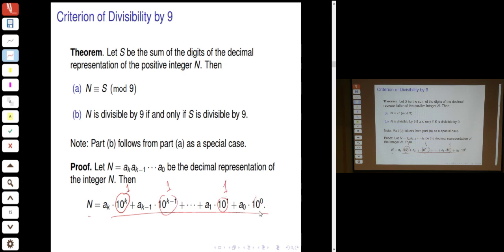So, modulo 9 you can replace each of them by 1, and this is congruent to a_k plus a_(k-1) plus and so on, plus a_1 plus a_0 mod 9. That is all that there is to it, and this is exactly the sum of the digits of n in its decimal expansion. Any questions?